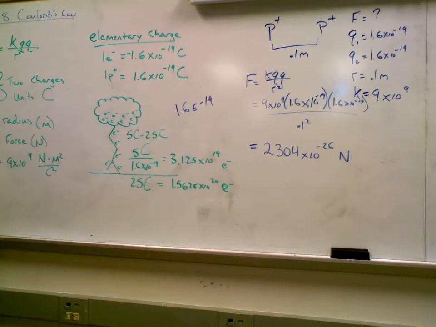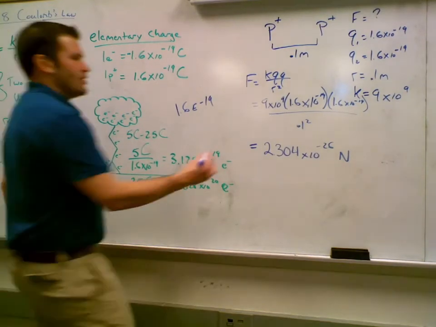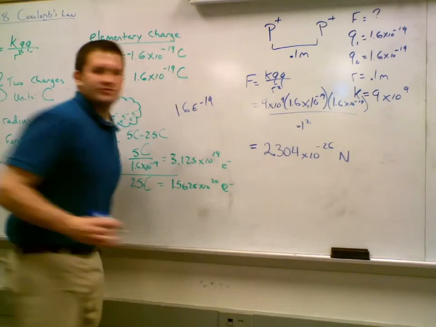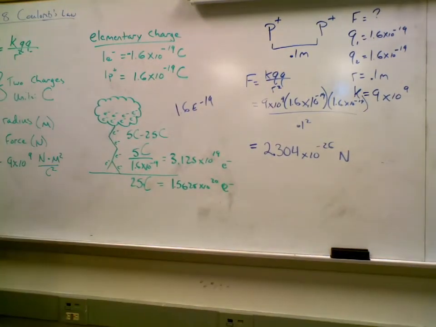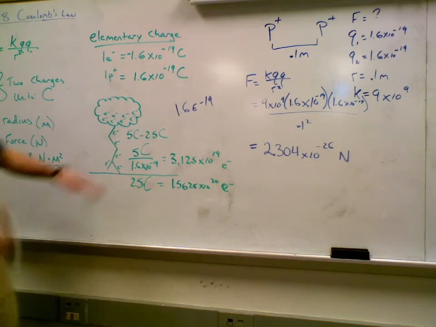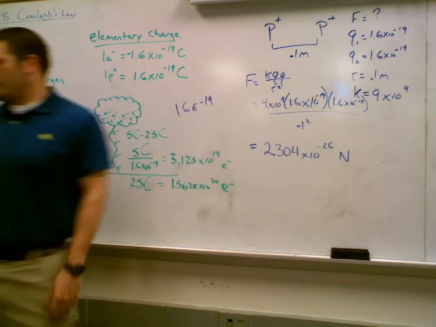Big force or little force? Little. That's 0.25 zeros, 2.3 or 2304. What? I got negative 30. Because they're two protons. Did you square your 0.1?